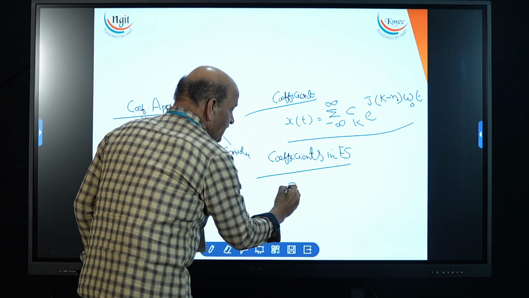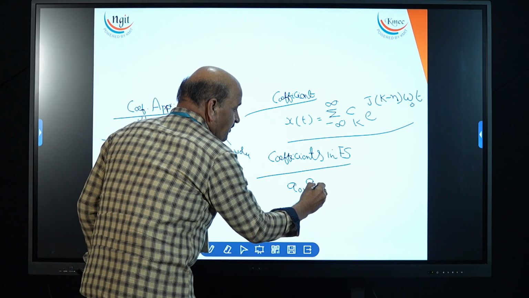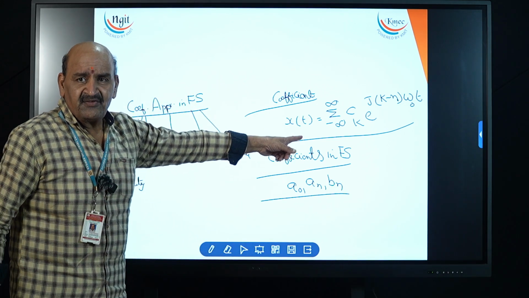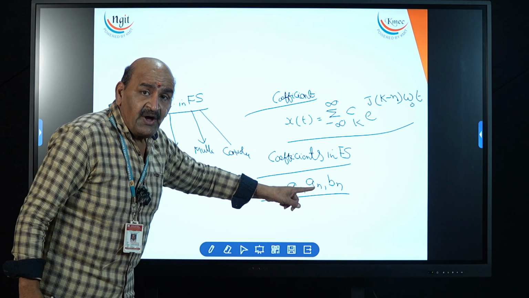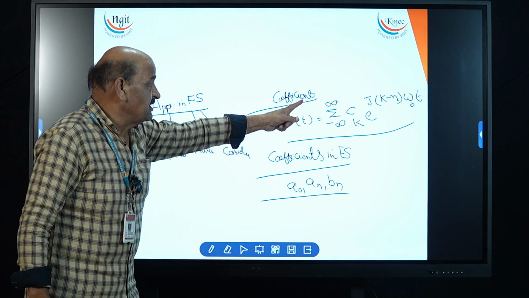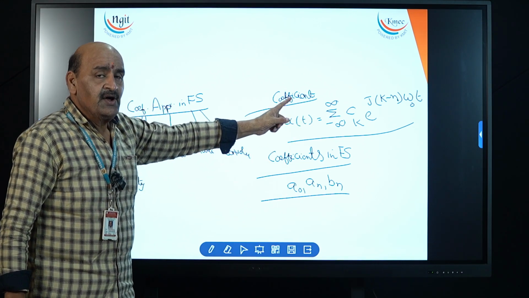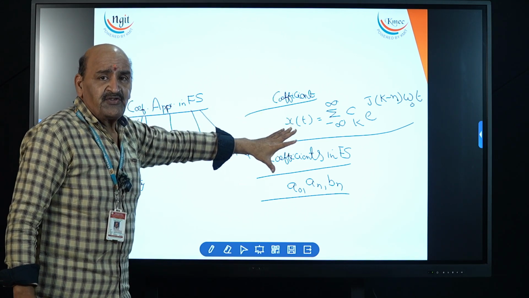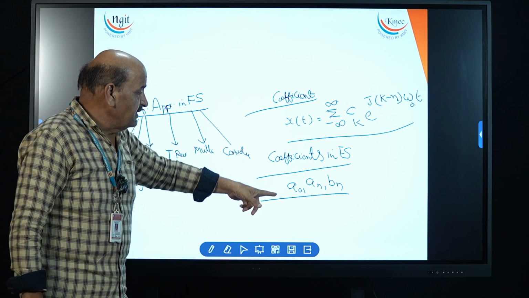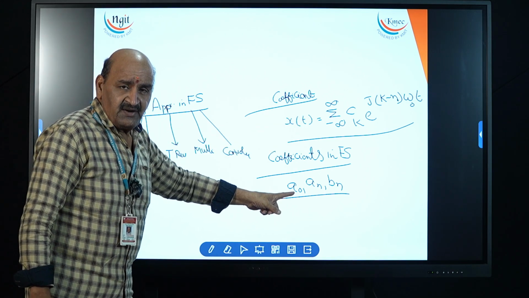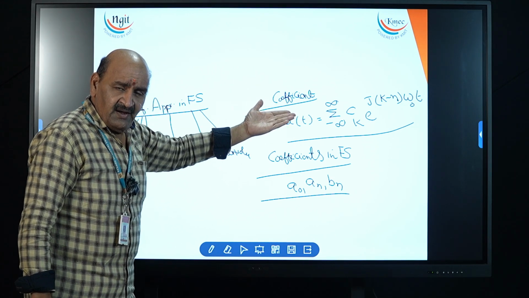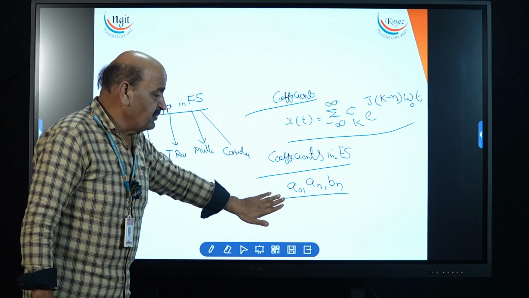These are a naught, an and bn. These three are different, and this single one is different. Here all three are combined in a single format, that is called coefficient of approximation in Fourier series. Both can be used for solving Fourier series problems, but this pattern is very easy for numerical problems. Even though we can calculate in either way, we always prefer this way only.